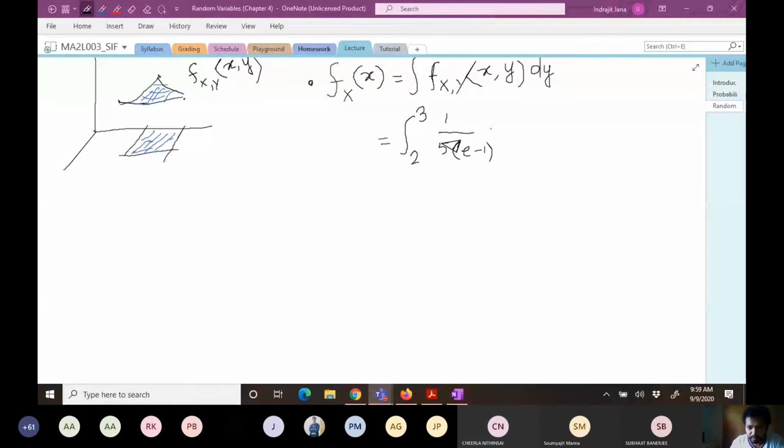Okay, so y e to the power x dy. If you complete this integration, y becomes y square over 2, so it is 9 minus 4 over 2, which is 5 over 2.